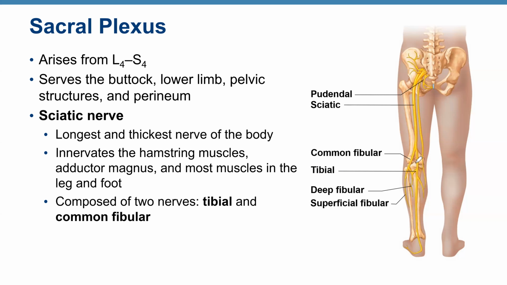And tibial nerve innervates posterior muscles of the leg. Superficial fibular innervates fibularis muscles, longus and brevis, on the lateral side, and deep fibular innervates anterior muscles of the leg.